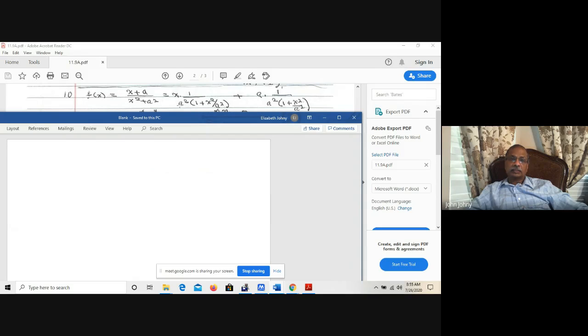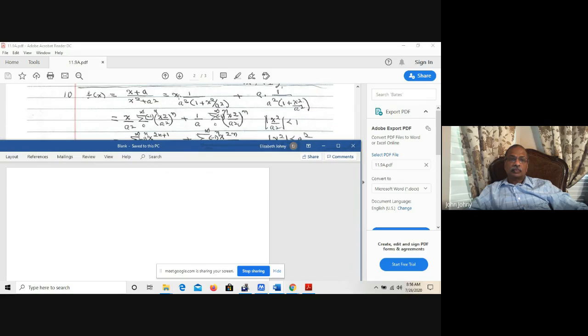You can verify it by distributing that a squared: a squared times 1 is a squared, and a squared times x squared over a squared is x squared. So the denominator is written as a squared times (1 plus x squared over a squared) for both the terms.